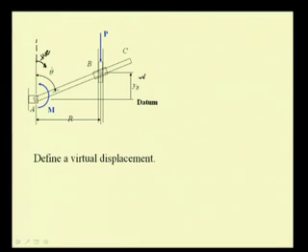Now, let us try to relate the coordinate of this B to this coordinate theta, which defines the configuration of the system. So, we have YB as r by tan theta, where r is this distance divided by tan of this angle, because we know that tan theta is equal to r by y.